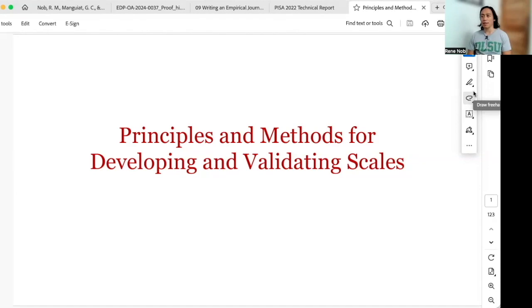I understand that this topic is quite interesting and might be beneficial for students who may be enrolled in some test construction course, or it also might be useful for some researchers or budding researchers who are currently doing some project that requires them to develop their own scales.